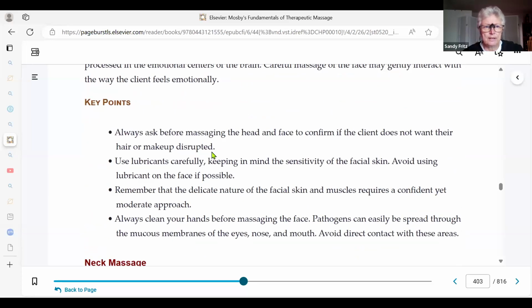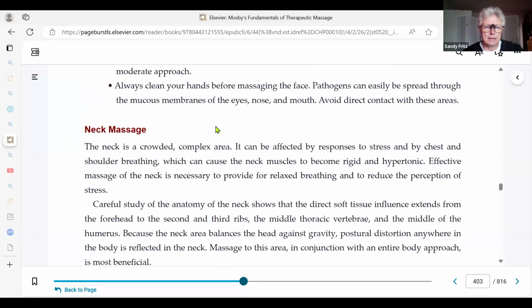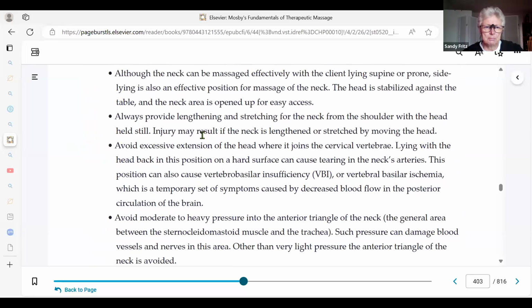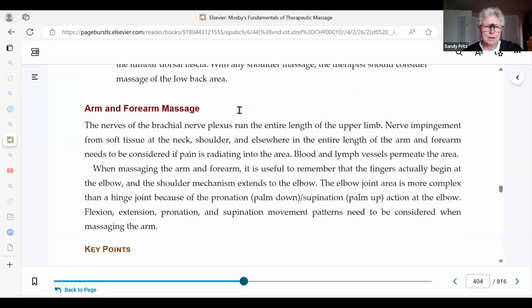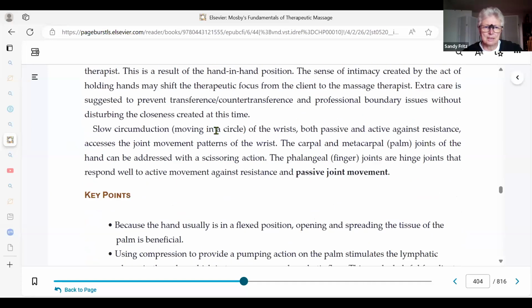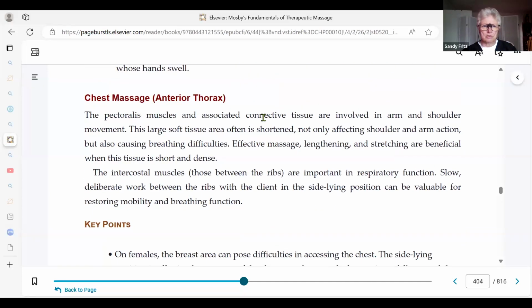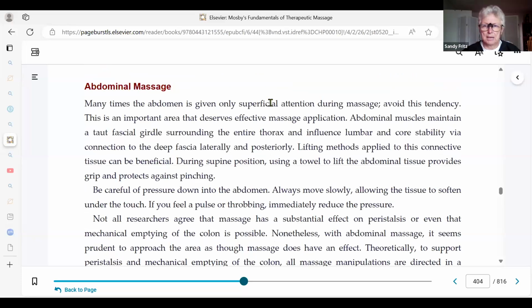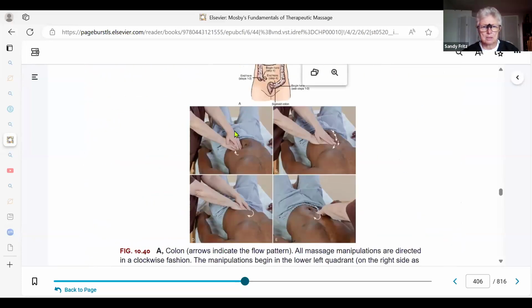So the head and face, key points, the neck, cervical area, key points, shoulder, arm, forearm, wrist and hand, chest, anterior thorax, abdominal massage, and sequence here.